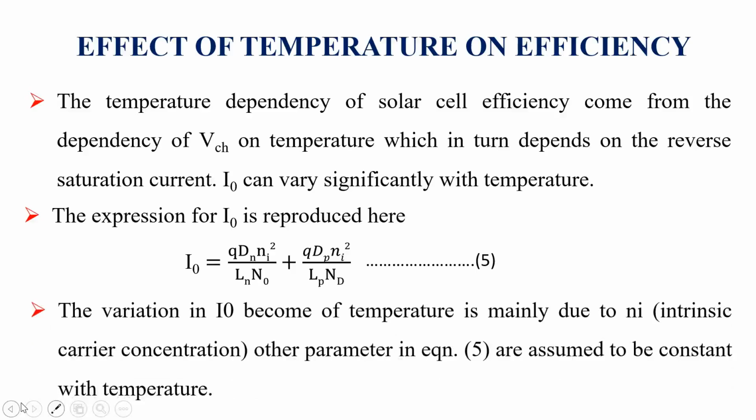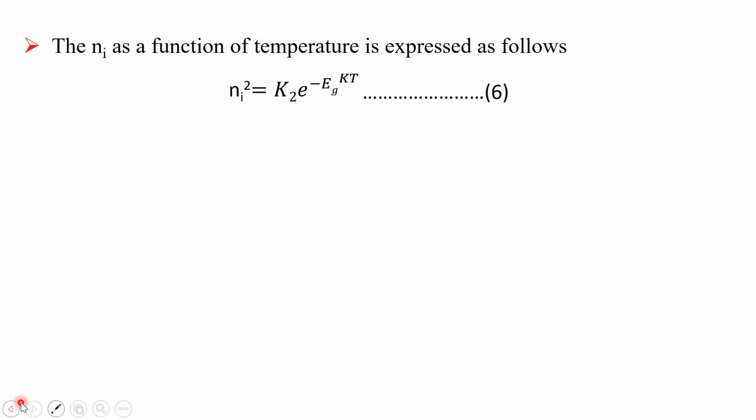The variation in I_0 with temperature is mainly due to n_i, the intrinsic carrier concentration. Other parameters in equation number 5 are assumed to be constant with temperature. The n_i as a function of temperature is expressed as n_i squared is equal to K_2 e raised to minus E_g upon kT.